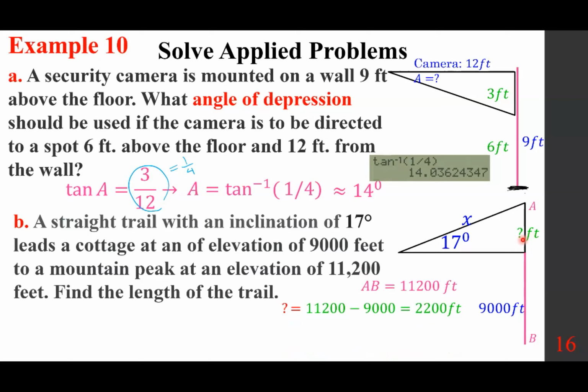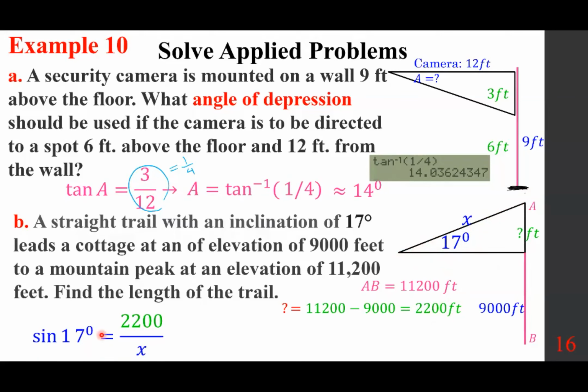So now that we have this distance, which is 2,200 feet, we want to find the length x. Sine of 17 degrees is the opposite over the hypotenuse. The opposite is the question mark, which we found to be 2,200 feet. And the hypotenuse is the missing x. As you can see, it's a proportion.